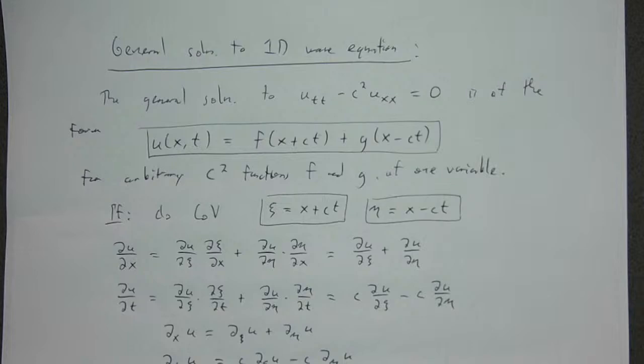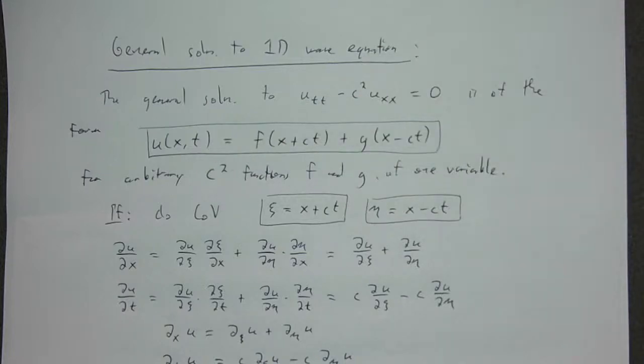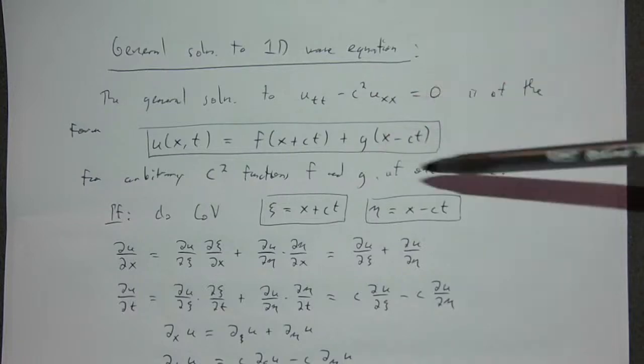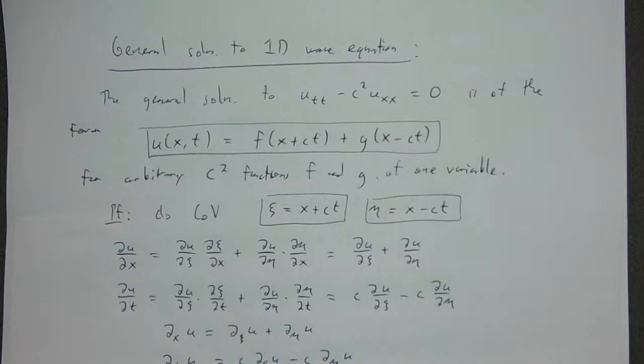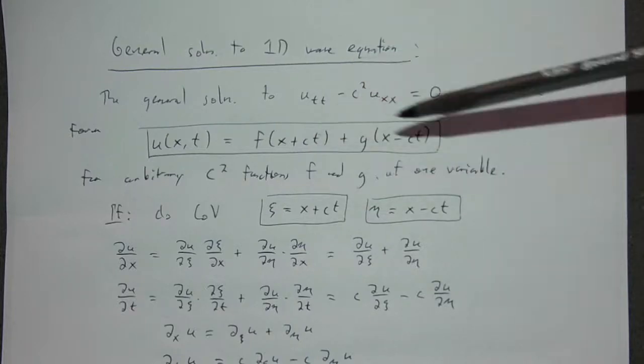So if we think about this for a second, they have dimensions of length, they denote positions along the string. But what does this mean overall in terms of the solution? Well, f and g are functions of a single variable here. So what is going on in the picture? There's an interplay between space and time.